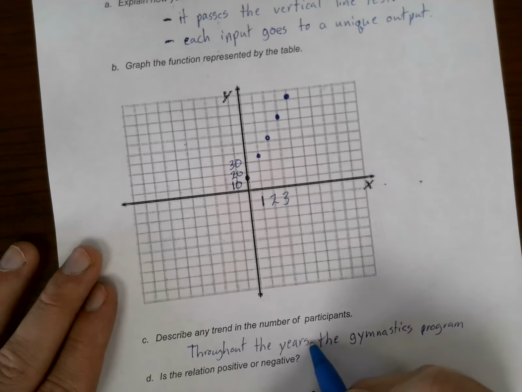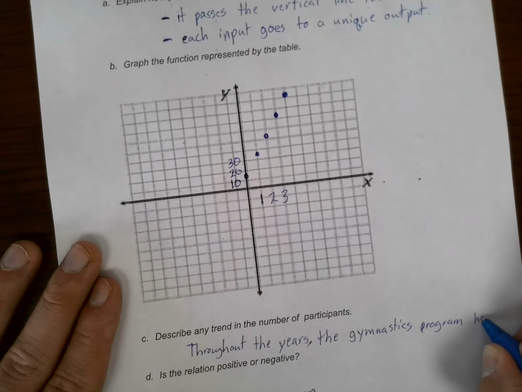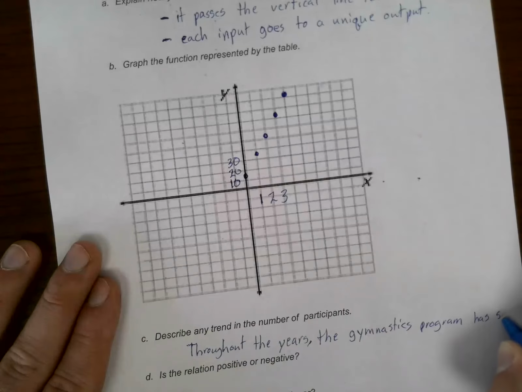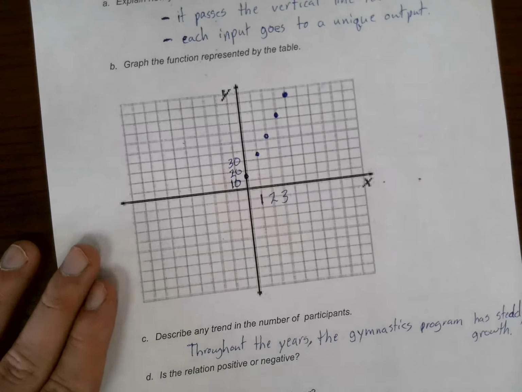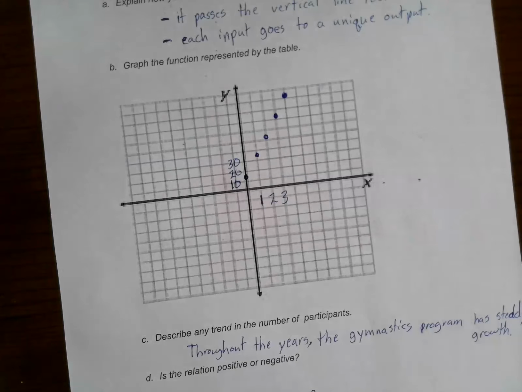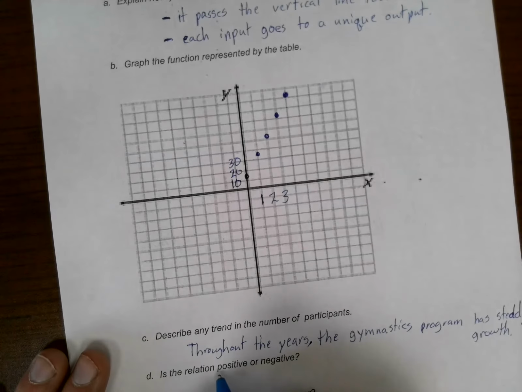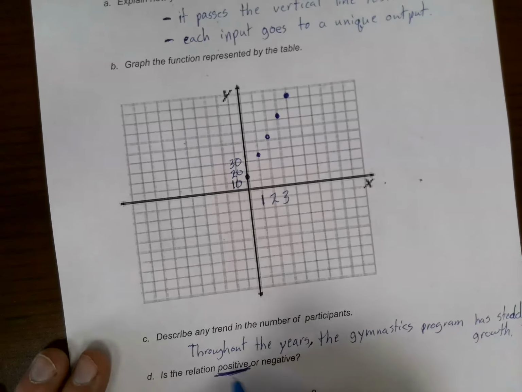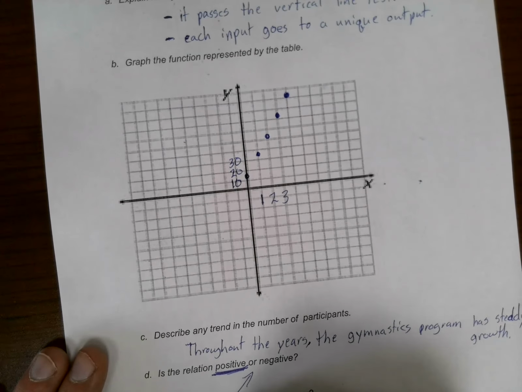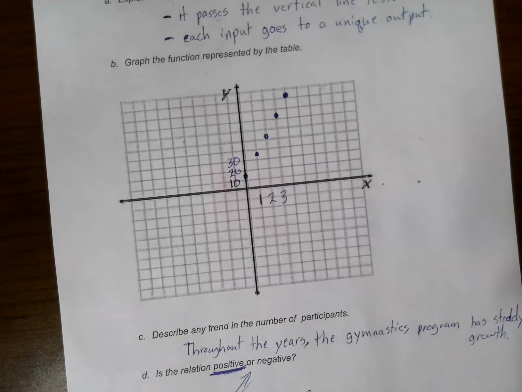Or throughout the years, the gymnastics program has steady growth. This is why you don't use pen. Okay, so you could also just say that as time progresses, the number of participants increases as well. Okay, so this would be a positive relation, right? So if you think about drawing a line through it, it would indeed go up.